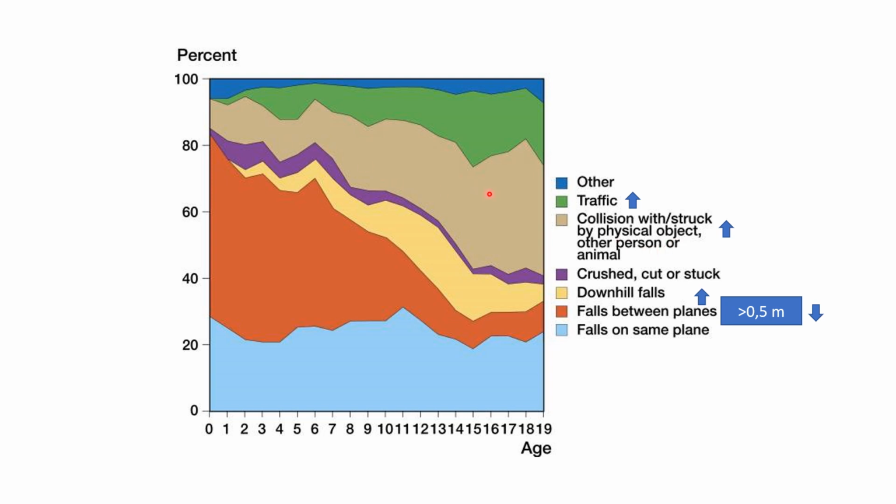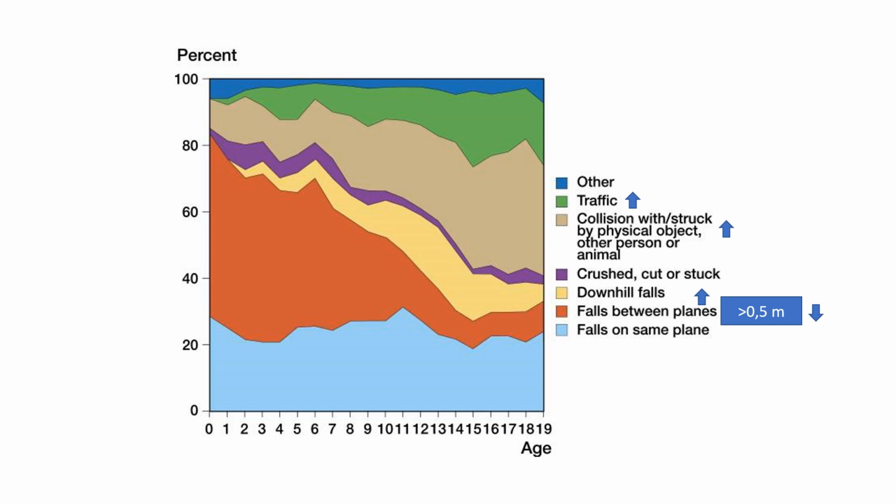Collisions also increase with age, or being struck by other persons, physical objects or animals. Crushes are kind of the same. But the big one is falls from planes, as opposed to falls from your own height. Falls from own height are quite stable, but falls from planes, like high buildings or more than 0.5 meters, as defined, fall drastically from when you're a toddler down until you're around a prepubescent teenager.